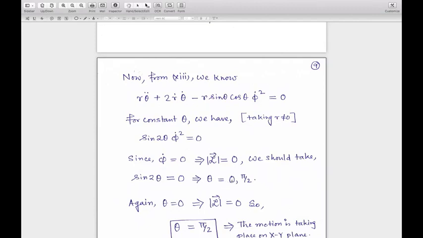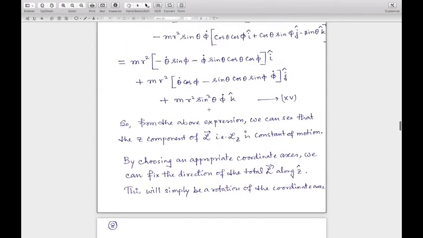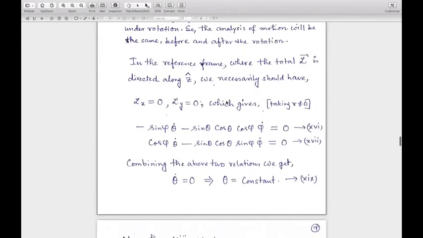Now if theta is 0, again we have a problem, because sine square theta is 0, so again this is 0. So the only possibility is that theta is 90 degrees. So sine 2 theta is 0, but sine square theta is 1. Then this one is just equal to m r square phi dot.